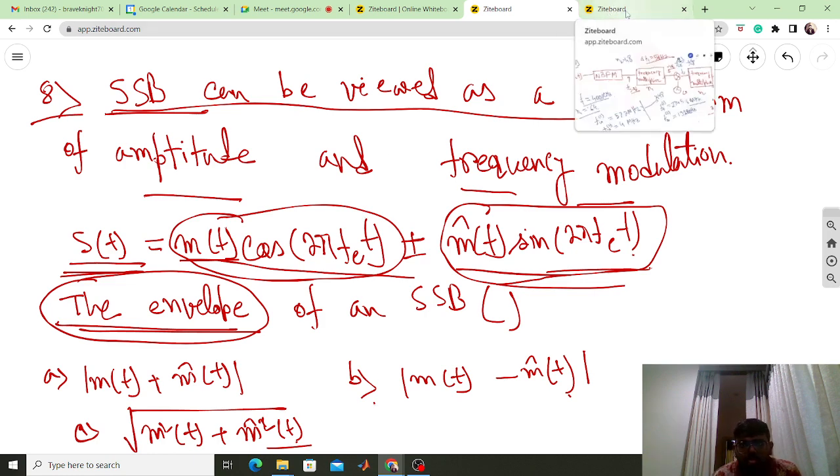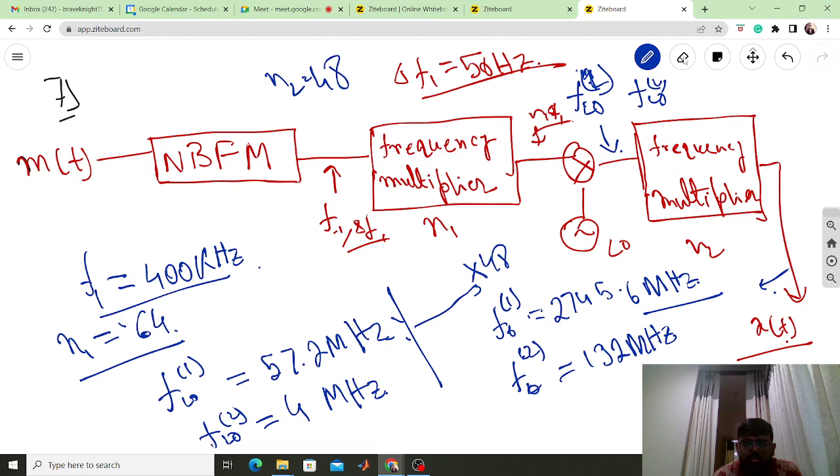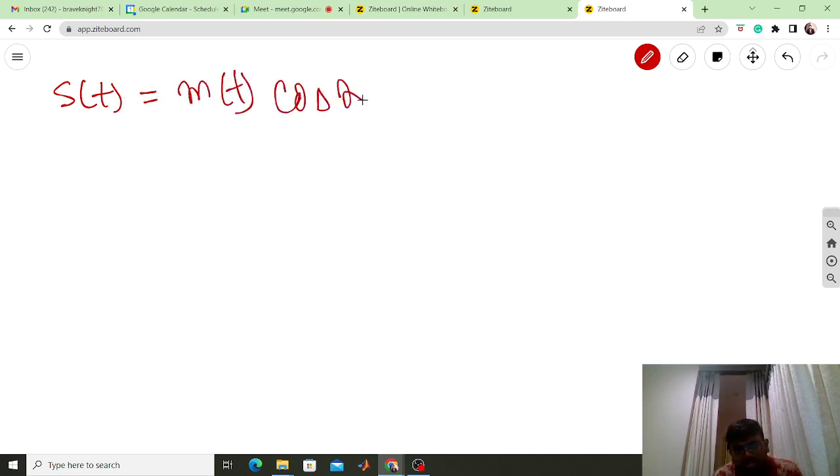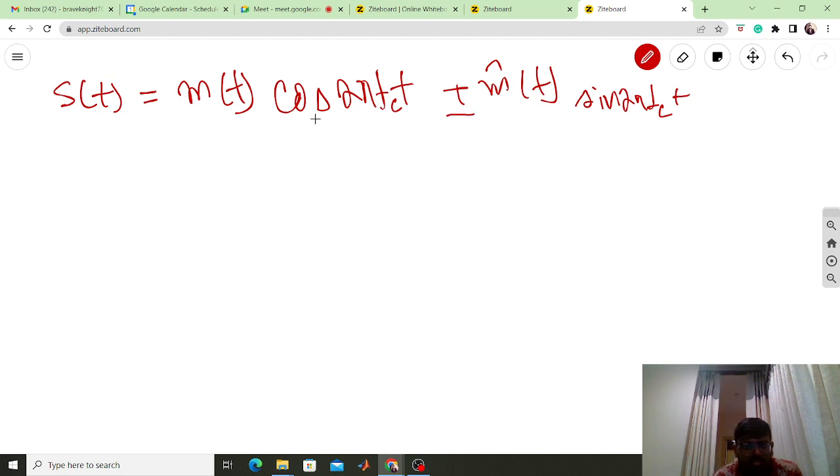You can simply solve it. The signal s of t is m(t) cos 2 pi fct plus or minus m hat of t sine 2 pi fct. If we think of some envelope detector, what happens?